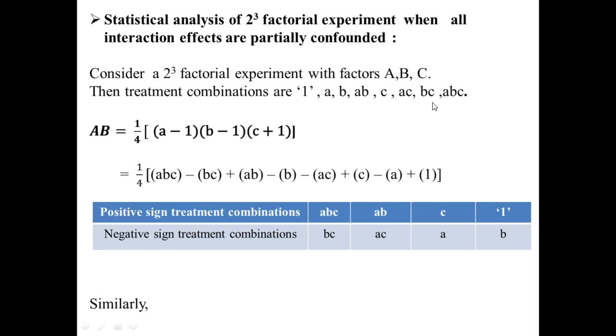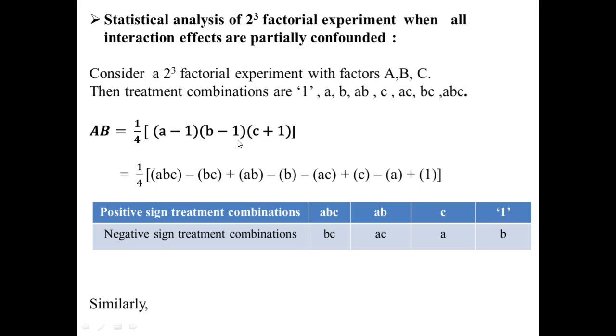We want to consider all interaction effects and confound all of them partially in this experiment. Since we have 4 interaction effects, we consider 4 replicates, and in each replicate we confound one interaction effect, and this confounding is partial confounding.